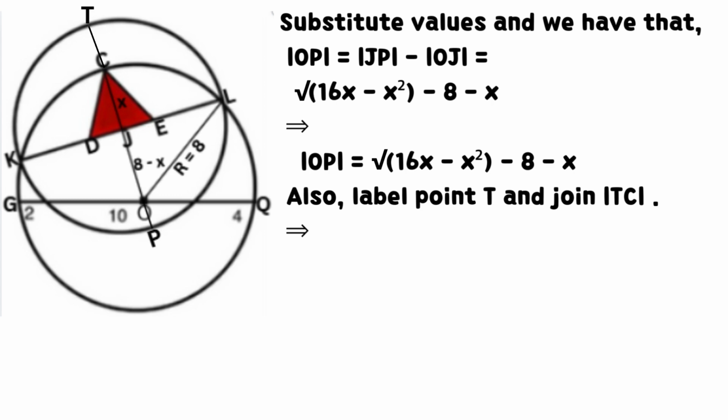Also, label point T and join line TC, where line TC is part of the radius of the small circle, with radius JT. JT equals the sum of JC and TC.